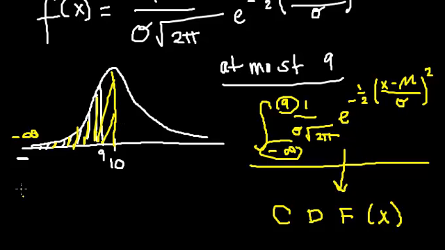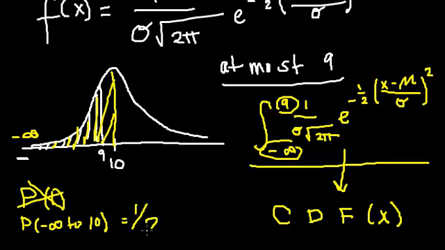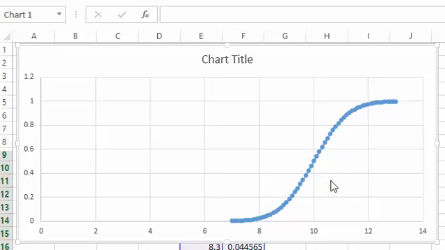The total probability is 1, so the probability from negative infinity to 10 is half of the total, so our answer should be 1/2. So if we take a look at the normal distribution function at exactly 10, the answer should be 0.5. There we go. As you can see, it is 0.5, and hence the cumulative distribution function is correct.